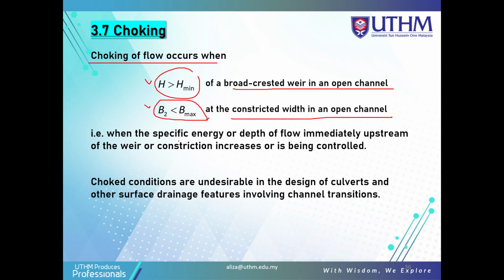When the specific energy of the depth of flow immediately upstream of the weir or constriction increases or is controlled, choke conditions are undesirable in the design of culverts and other surface drainage features involving channel transitions. That's all for choking.